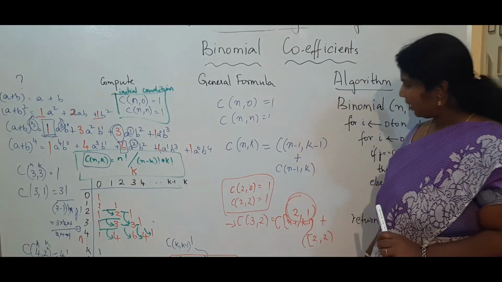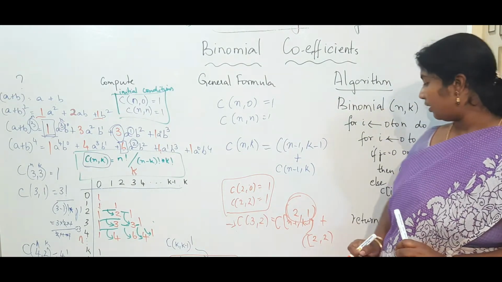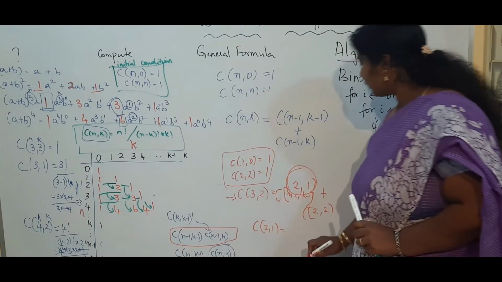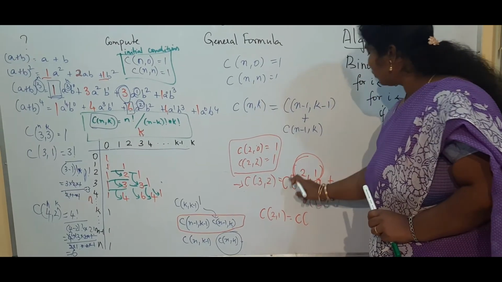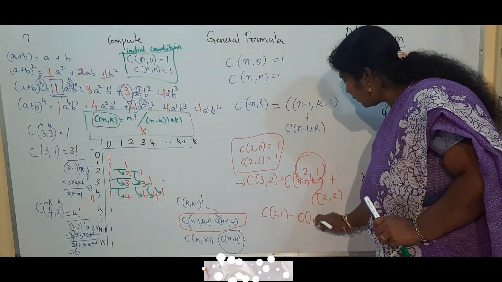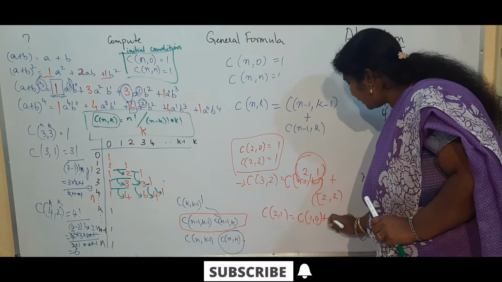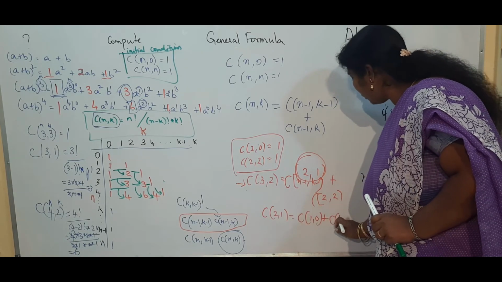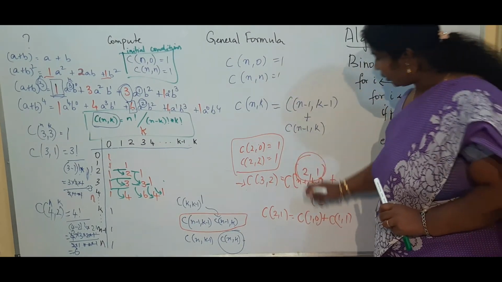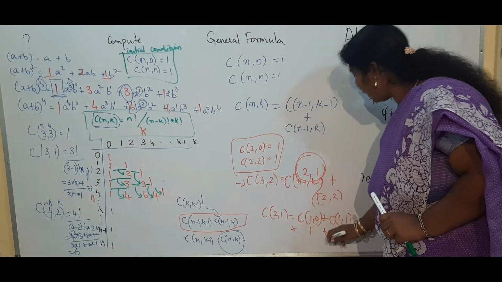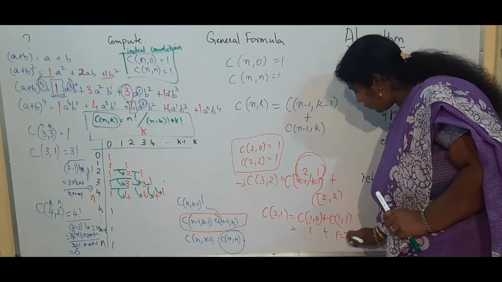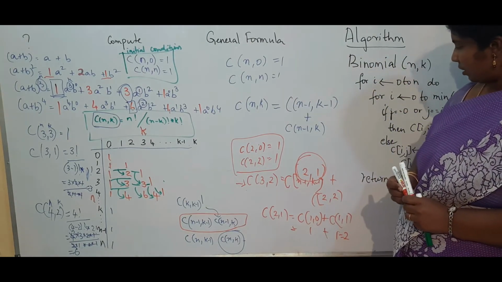I don't know this value yet, so I find C of 2 comma 1, which is C of 1 comma 0 plus C of 1 comma 1. We know anything comma 0 is 1, and 1 comma 1 is 1. So it is 2 as the answer.